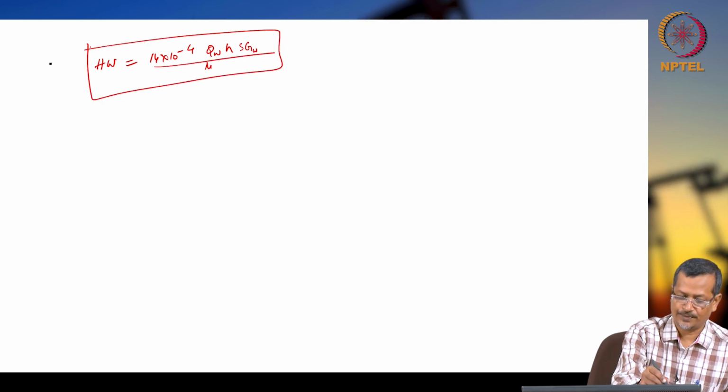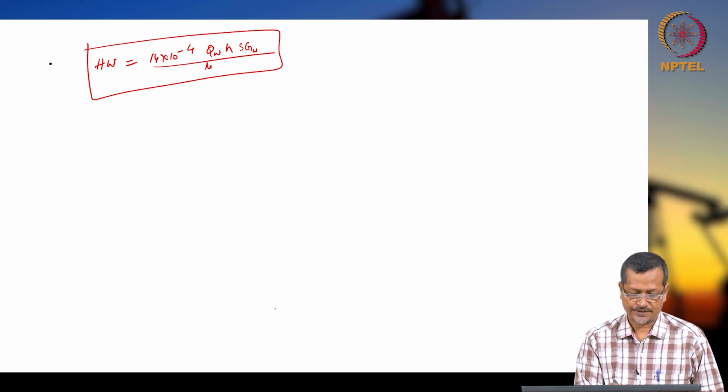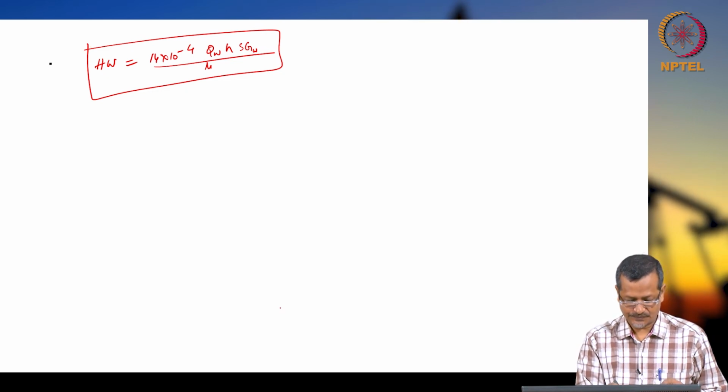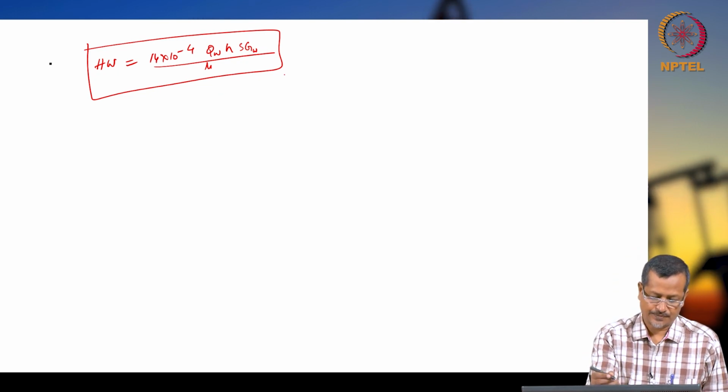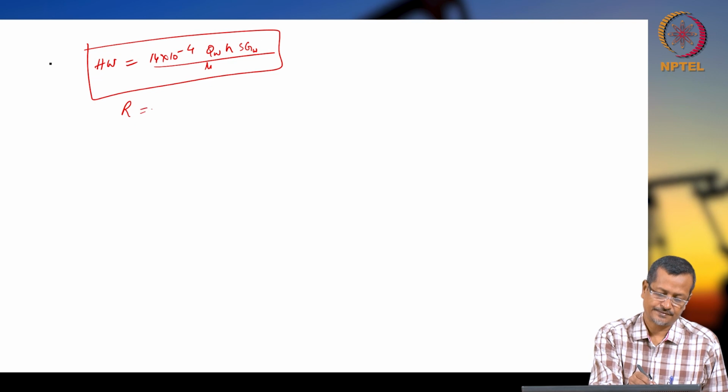So this formula will be right. Actually, we are saying that from the Reynolds number you have to derive this one. So R is the hydraulic radius.